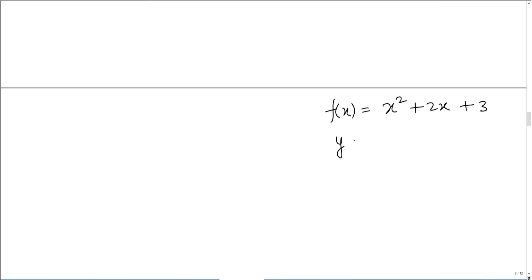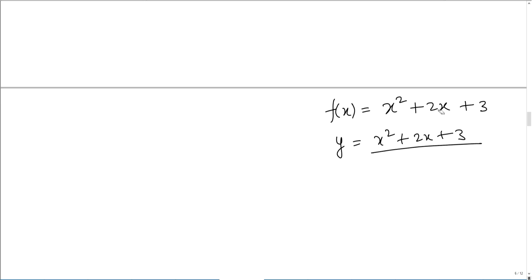To find the inverse, step 1, replace f of x by y: y equals x square plus 2x plus 3. Now how do we solve this for x? What would be x as a function of y? Now this won't be straightforward, right?